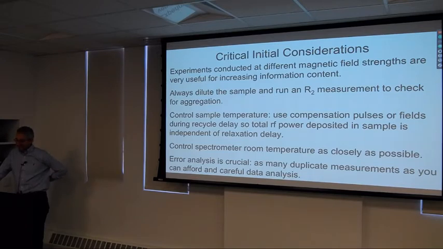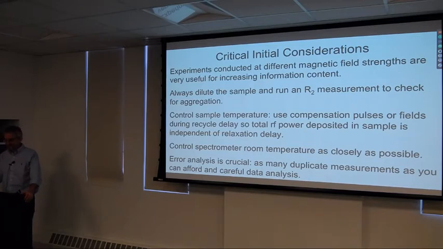So one needs to know what the uncertainties are in the measurements, and that means you need to acquire as many duplicate measurements as you can and then do careful error analysis. We have generally found over the years, as we've collected more and more data on the same system, that we hardly ever have overestimated the experimental uncertainties. We've almost always underestimated them. It's a bit of a warning.